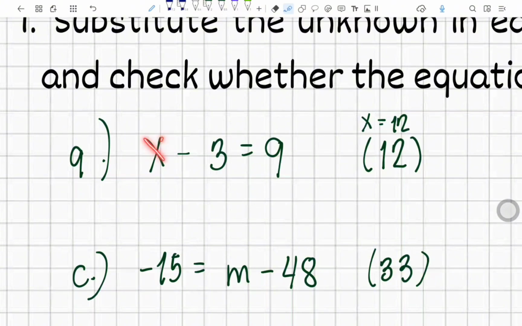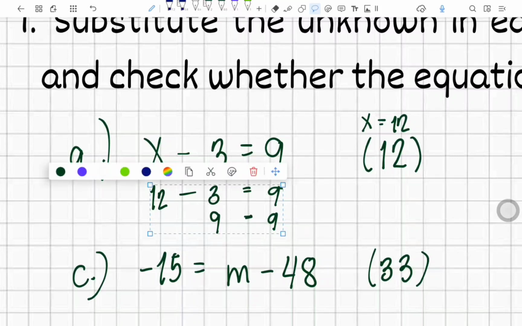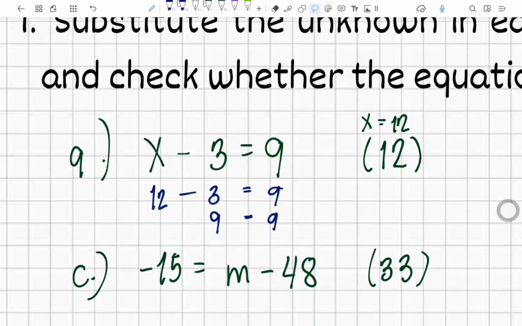We are just going to substitute your x, and your x is equal to 12. So this will become 12 minus 3 equals 9, and 12 minus 3 is 9. So 9 equals 9. Is it correct? Yes. Therefore, this is true.